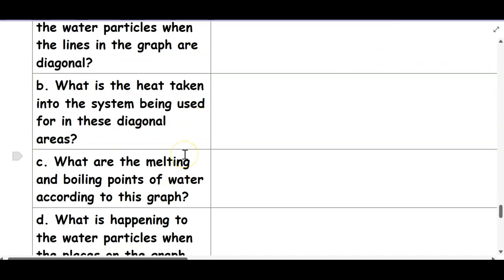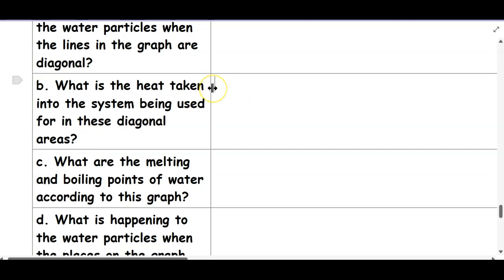Secondly, B asks, what is the heat taken into the system being used for in these diagonal areas? All right, so the question is, what is the heat doing? Why do we heat?